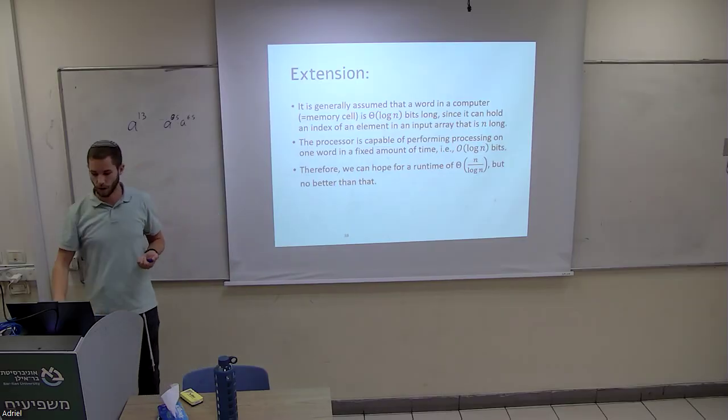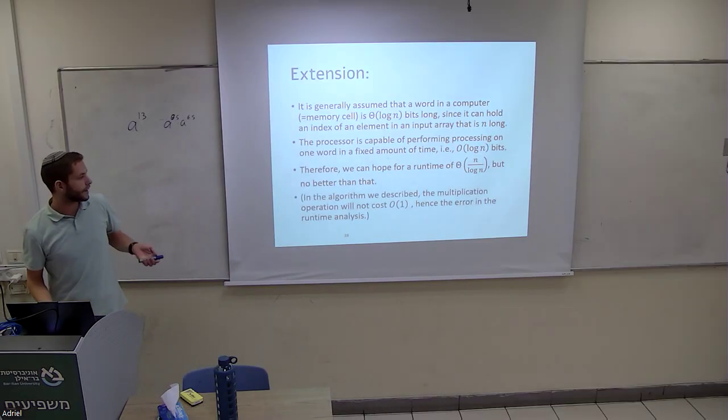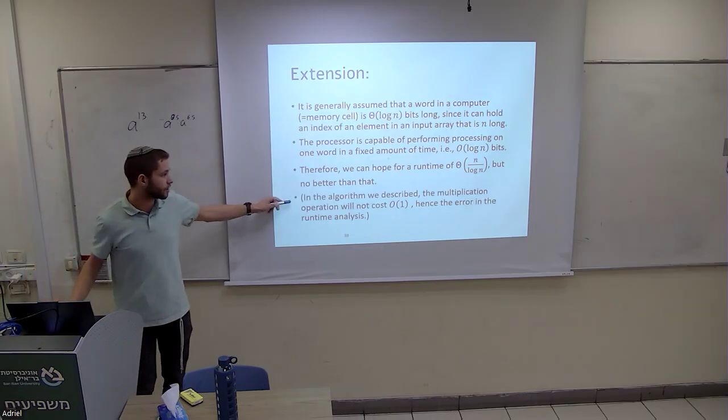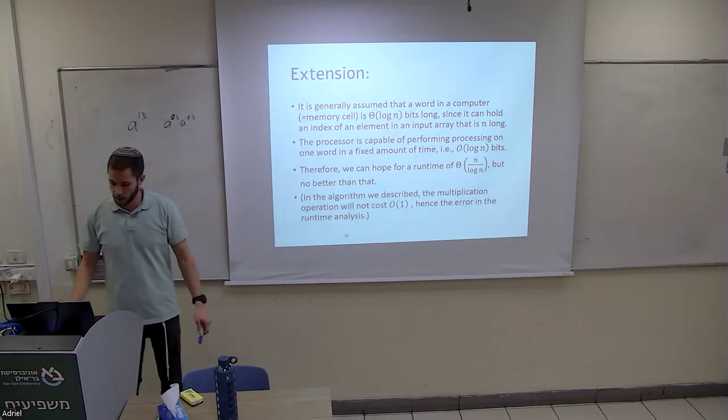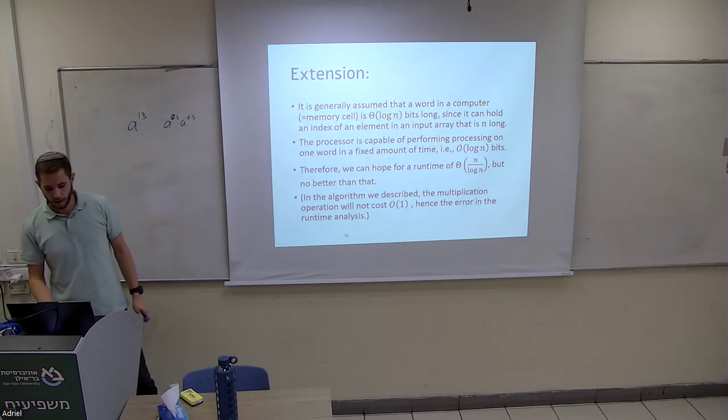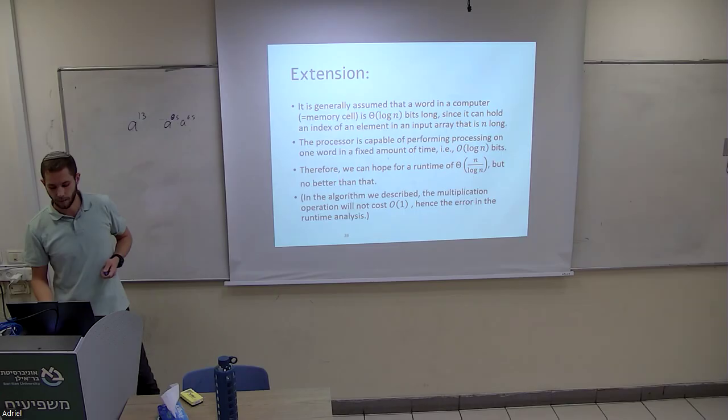The computer can do that in O of 1, but we can't get any better than that. In the algorithm we described, the multiplication will not cost O of 1, and that's why there's the error in the analysis we had before.